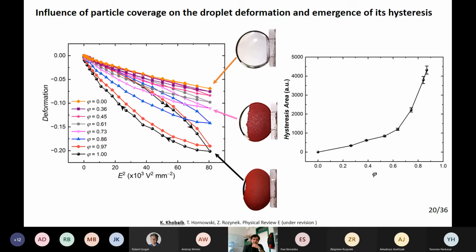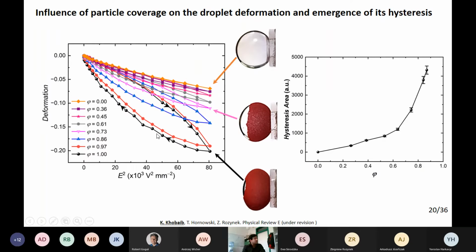These forces increase with the increase of particle concentration, which produces higher heat dissipation and increases the hysteresis area. Due to the heat dissipation, when we started decreasing the electric field, we required less energy, or you can say less force, to deform the droplet, and we found the hysteresis.